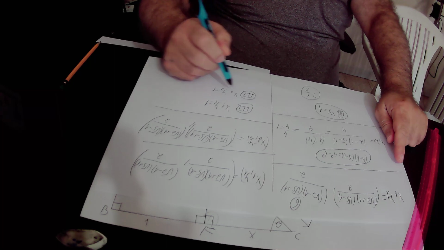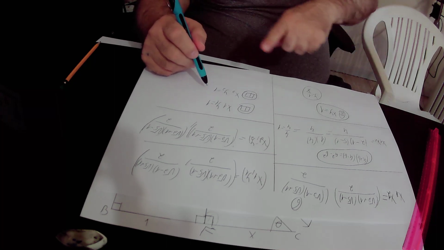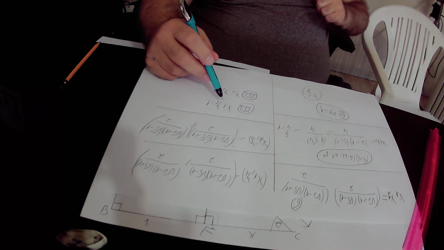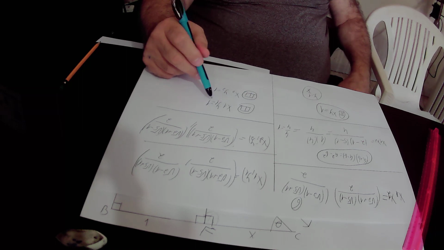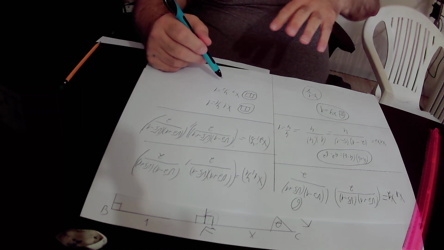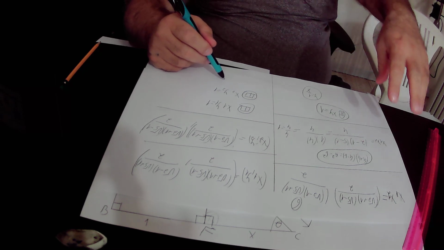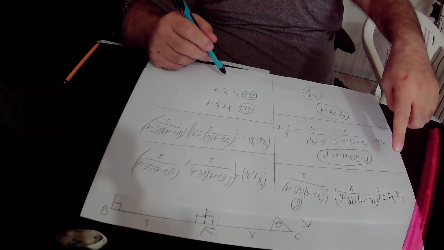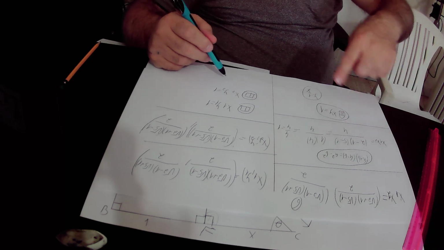That the multiplication between x and y will give us 1, and indeed x1 times y1 equals 1, and x2 times y2 equals 1, because we have already found out that x1 times x2 equals 1.